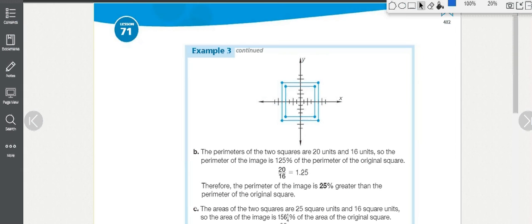Let me use my pen. If this is 8 units and it changes 125%, or a scale factor of 1.25, we multiply that. Am I doing this right? Make sure I got the right perimeter.